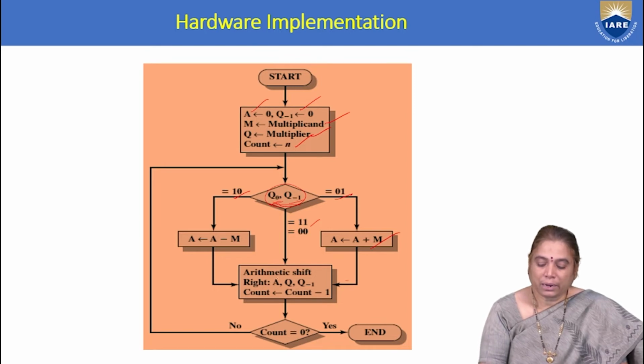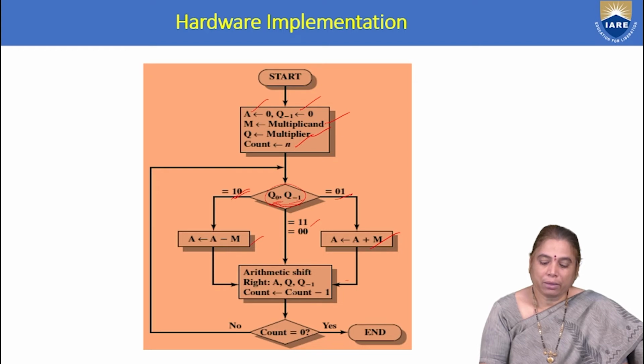Then the arithmetic shift right operation is performed on A, Q0 and Q1 bits. Then the counter is decremented by 1. If the 2 bits contain the value 1, 0, then the A minus M subtraction operation is performed. Later the arithmetic shift right operation is performed on A, Q0, Q1 and the count is decremented by 1.